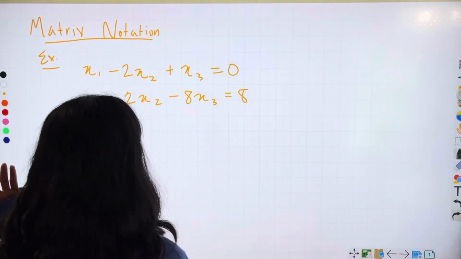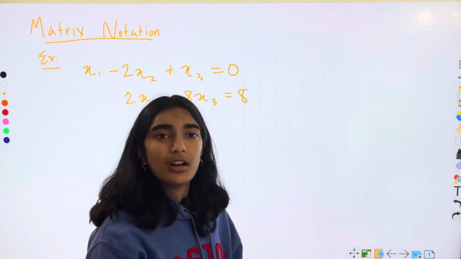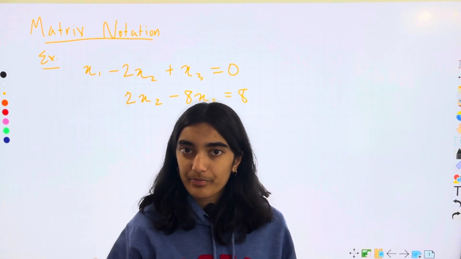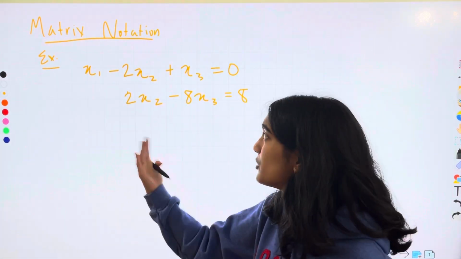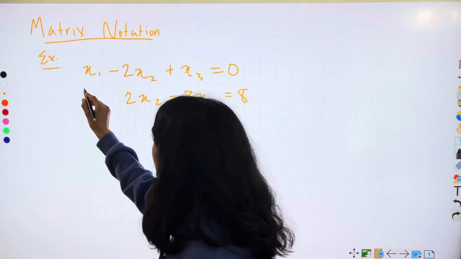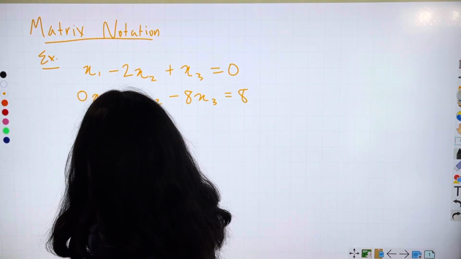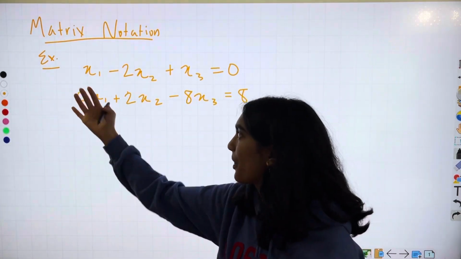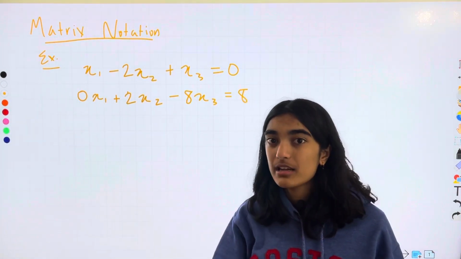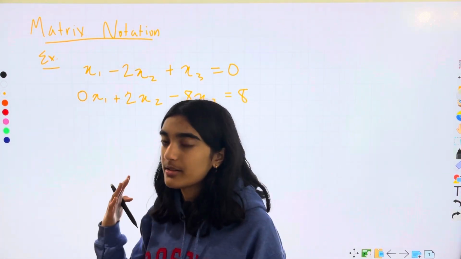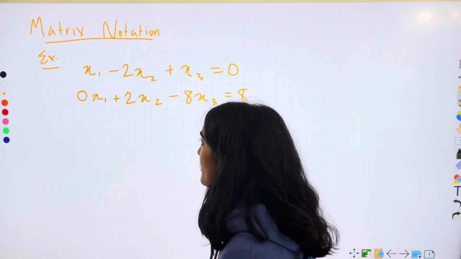You might be wondering what happened to our x1. You don't have to have every variable in each equation. It's sort of like 0x1 plus 2x2. It's just not there, and our coefficient is 0. Think of it as x1 having a coefficient of 0.